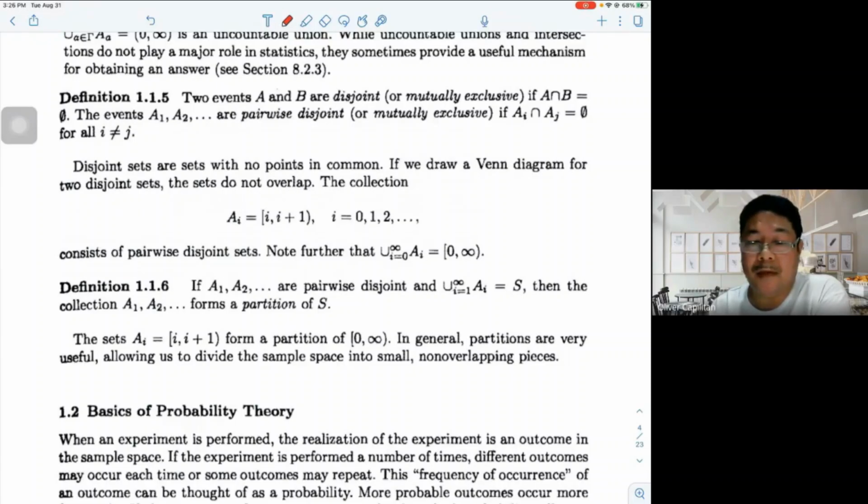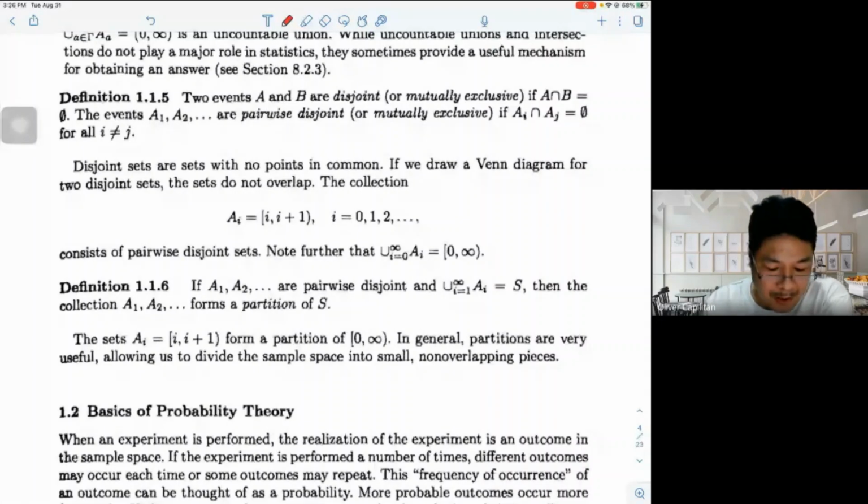And at the same time, if we have this countable union of the A sub i's, or these events A sub i from 1 to infinity, to be equal to our sample space S, that would imply this collection of infinite events are exhaustive, because when we take the countable union, it is equal to the sample space S. Then this collection of infinite events forms a partition of S.